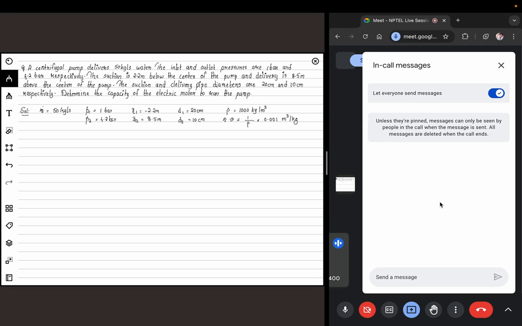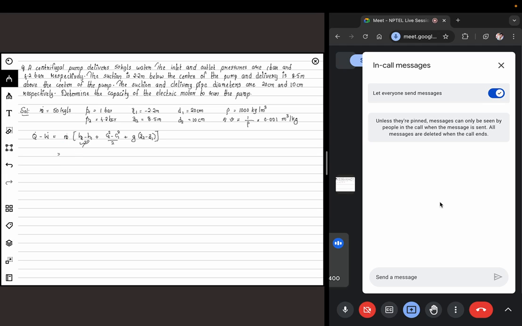So again, if we start by applying the steady flow equation, we're assuming that the change in temperature for the water as it rises from below to the above is actually negligible. So we are assuming this to be close to zero.